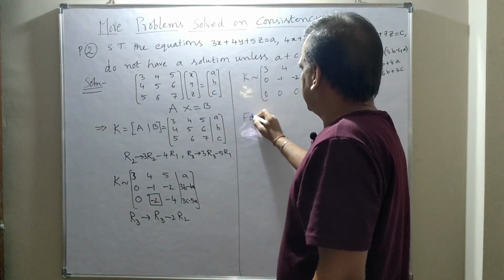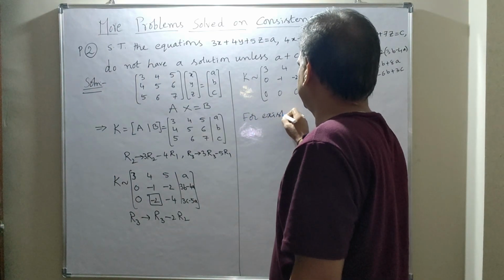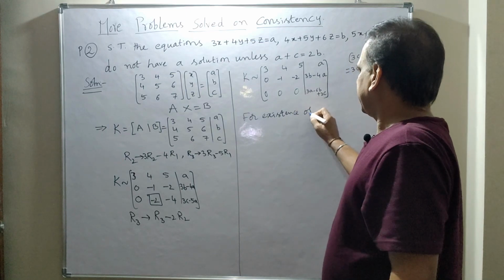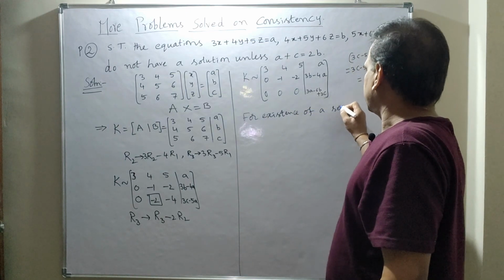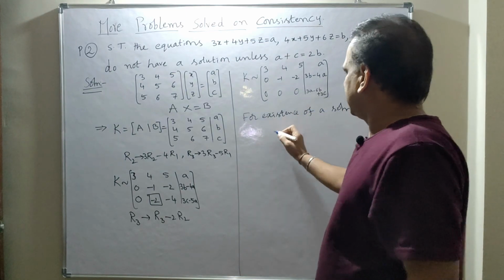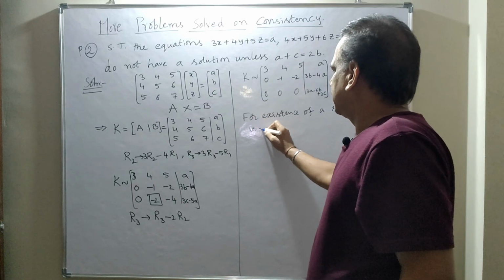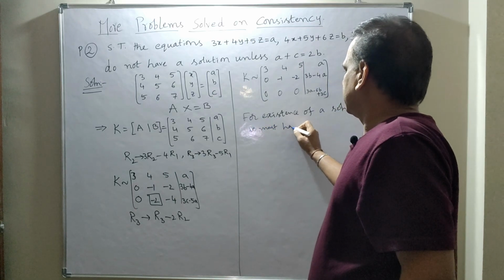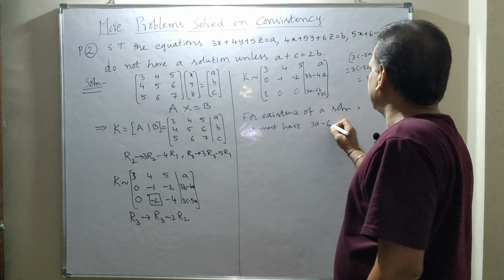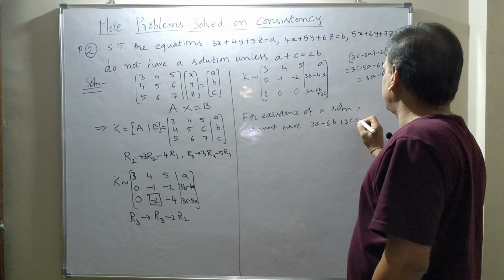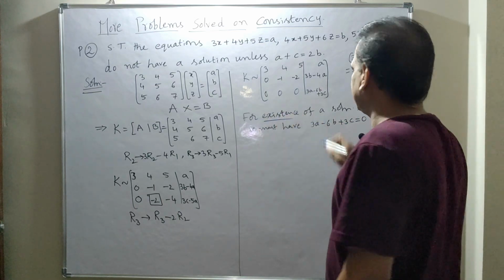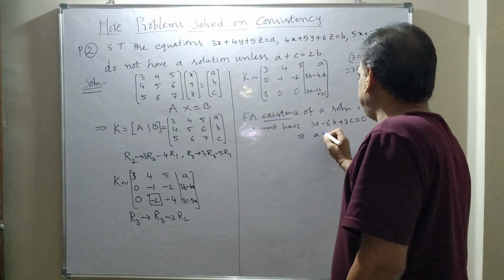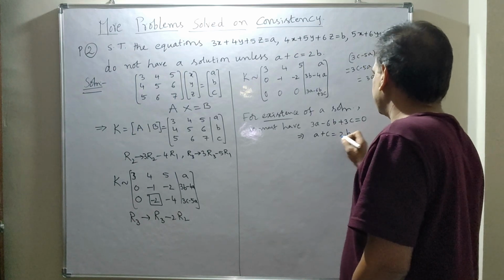So, for existence of a solution, what should happen? We must have 3A minus 6B plus 3C equal to 0. This implies A plus C equal to 2B.